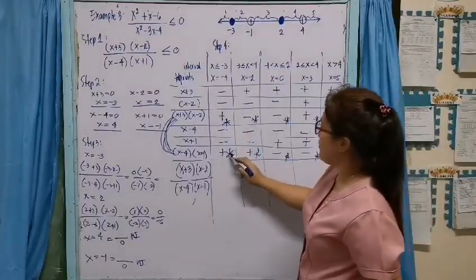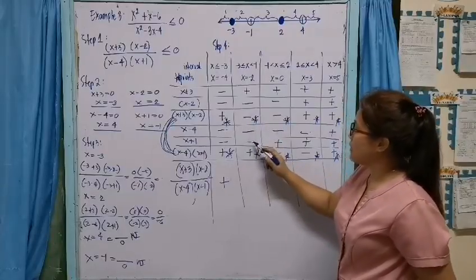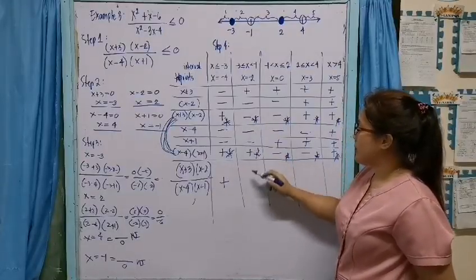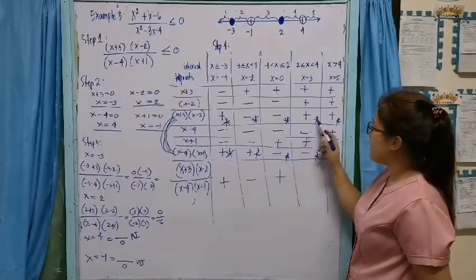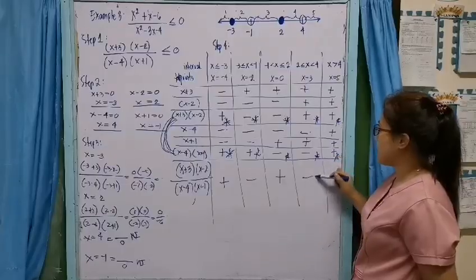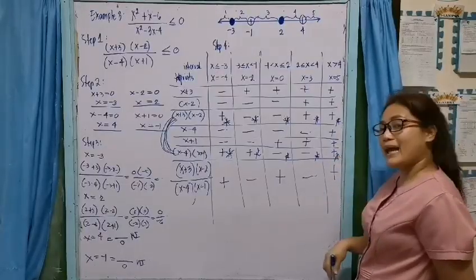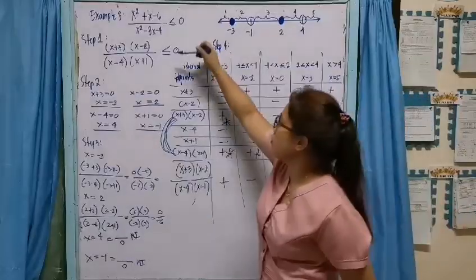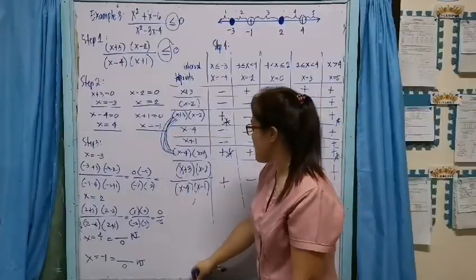Positive divided by positive is positive. Negative divided by positive is negative. Negative divided by negative is positive. Positive divided by negative is negative. And positive divided by positive is positive. Okay?